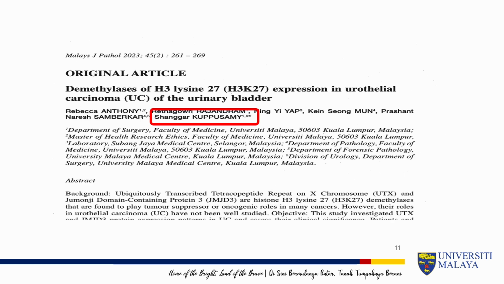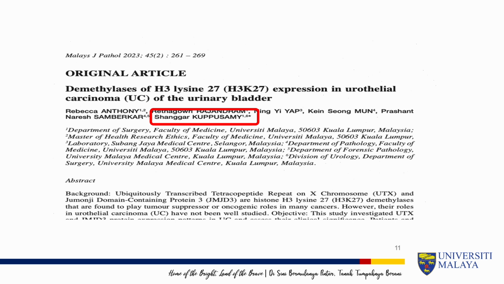If you look at this paper again, you will notice that there are two superscripted numbers against my name. That is Faculty of Medicine and also UMMC as my separate affiliations.